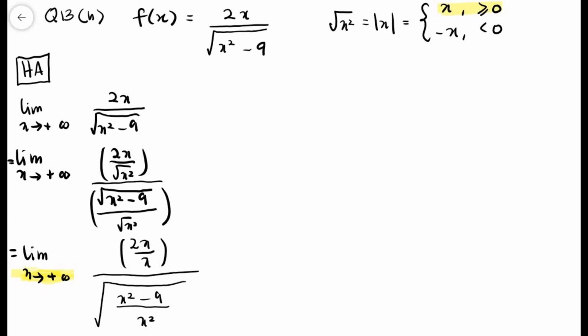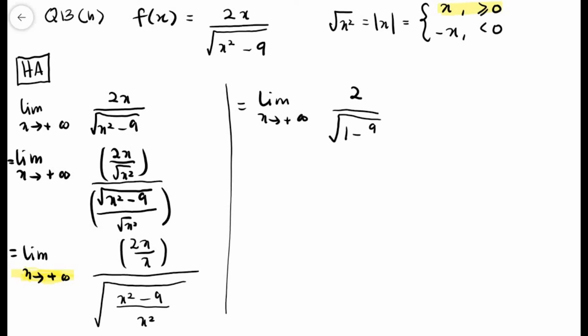Alright, so by solving this part, you get the limit as x approaches positive infinity. For the numerator, you get 2. And for the denominator, you get sqrt of 1 minus 9 over x square. Next, you just need to substitute the value of infinity inside.